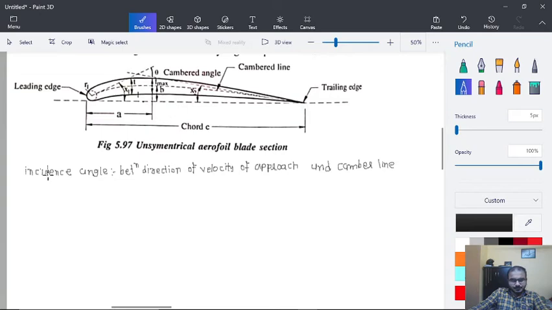Next is x1, camber angle at inlet. x2 is camber angle at outlet.